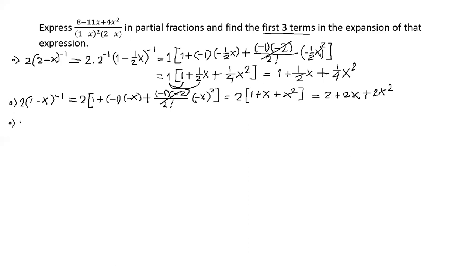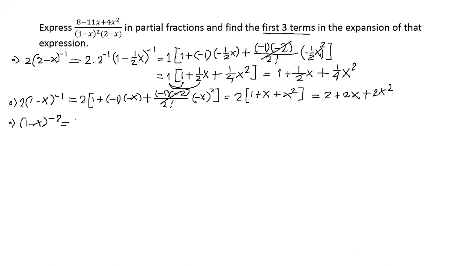The third binomial expression is (1 minus x) to the power negative 2. For this expression, n equals negative 2.